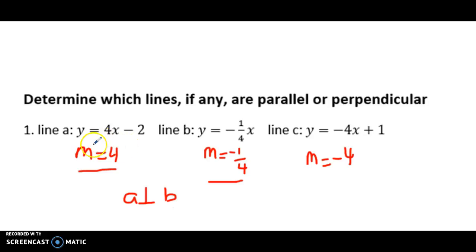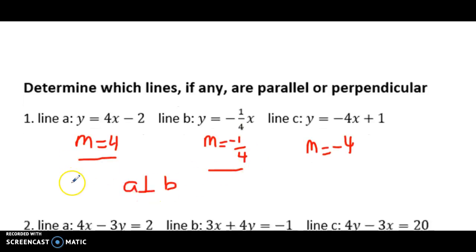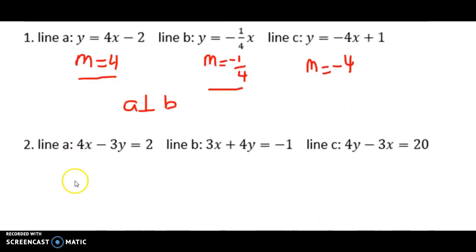And if you plotted this into Desmos, you'd see y equals 4x minus 2 intersecting negative 1/4 x somewhere at a 90-degree angle.